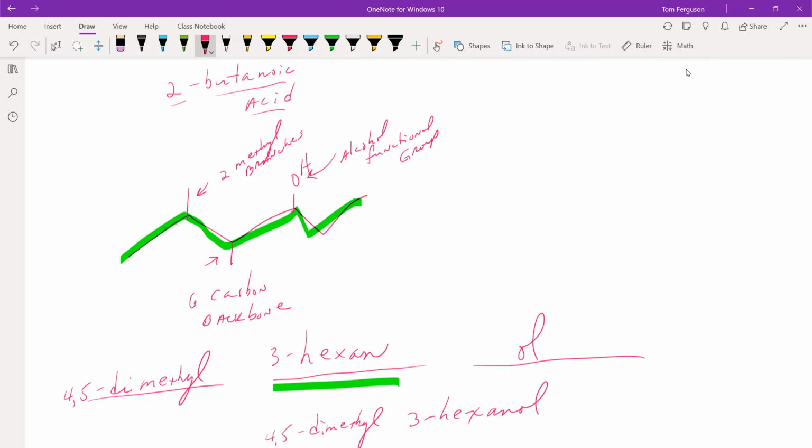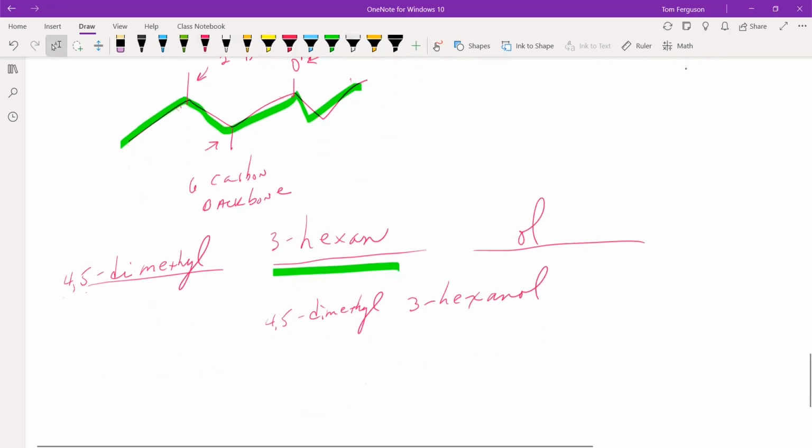So we have 4 and 5 as the 2 methyl groups. So that's going to be 4, 5-dimethyl, 3-hexanol. And that's all there is to naming.